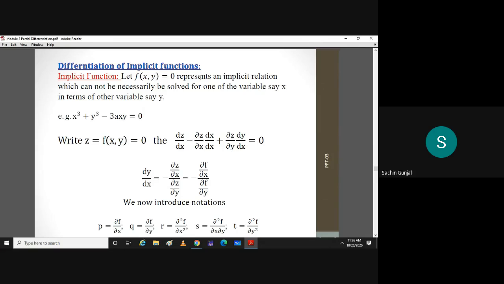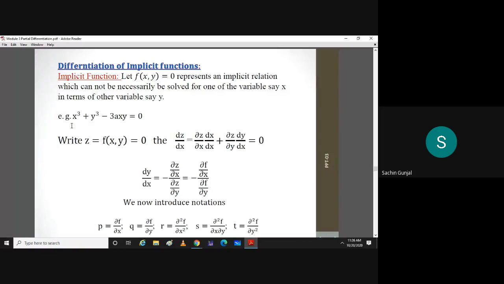Next is differentiation of implicit function. So I hope everybody knows what an implicit function is. A function which cannot be expressed in terms of one variable. The function which is not explicit is called implicit. So let f(x,y) equal to 0 represent an implicit relation which cannot necessarily be solved for one variable, say x, or y in terms of the other variable.